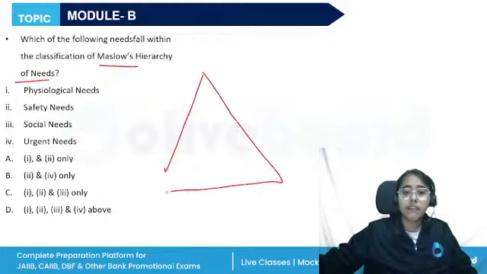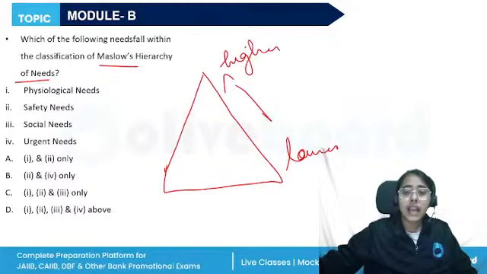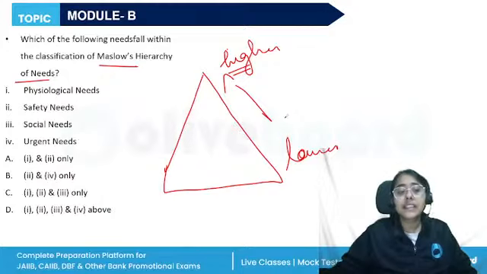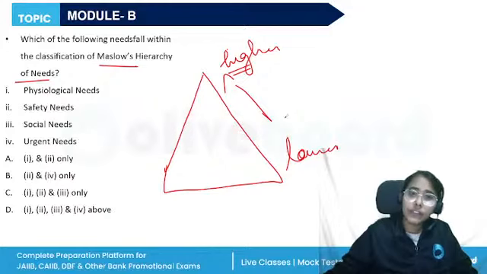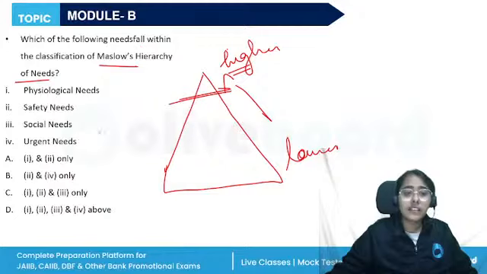From the lower level needs, people move to the higher level needs, and they try to achieve more. There are the basic needs, the love and belongingness needs, self-worth needs, and finally we have self-actualization. So which of the following needs fall within the classification?